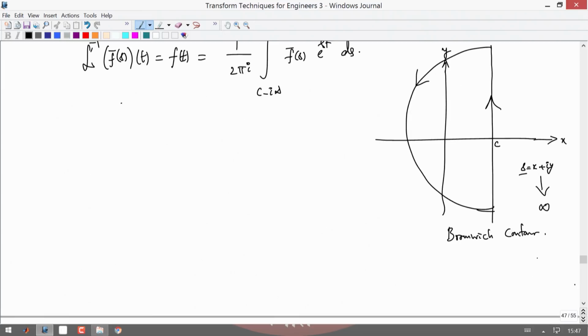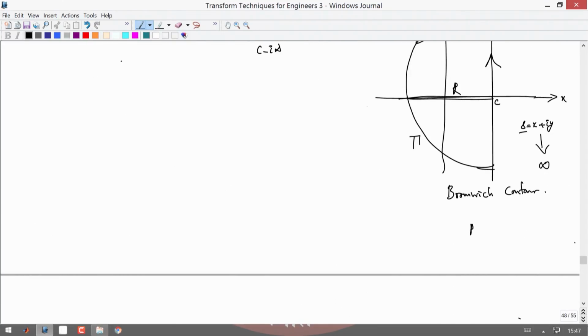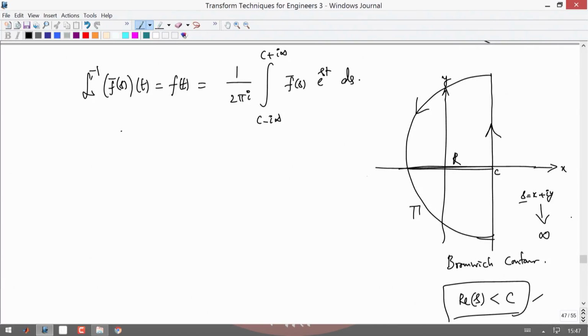If I call this gamma, this plus this, and this is your radius r, then as r goes to infinity, this covers entirely this side: all the poles with real part of s less than c, on the left side of this line, will be inside this contour gamma.